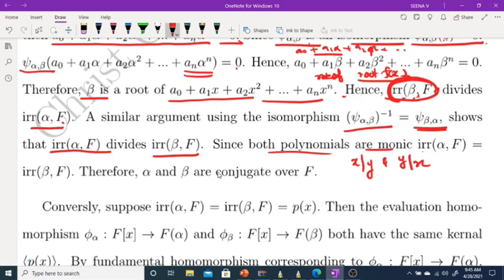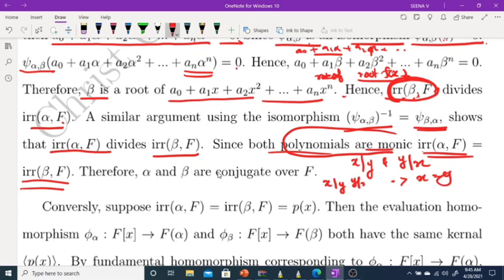That means x divides y and y divides x implies x equals y. That means the irreducible polynomial of alpha over f equals the irreducible polynomial of beta over f. Here each polynomial is a monic polynomial, and we get that the irreducible polynomial of alpha over f must be equal to the irreducible polynomial of beta over f. Therefore, alpha and beta are conjugates over f.